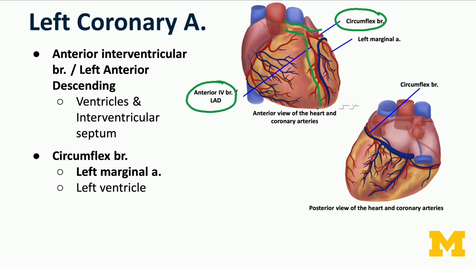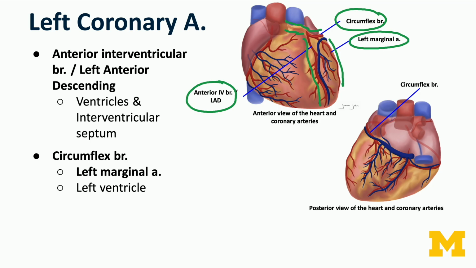So the anterior interventricular branch, or the LAD, is going to supply the interventricular septum. The circumflex branch is going to wrap around the heart, but before it does, it's going to give off the left marginal artery. That left marginal artery descends along the left border of the heart, supplying the left ventricle with blood.